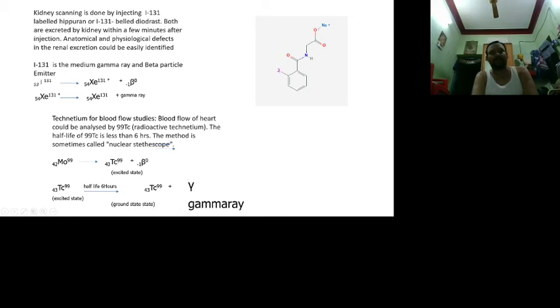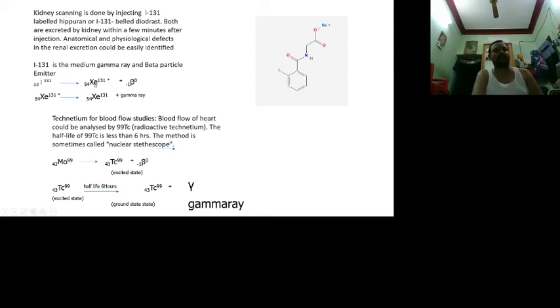Instead of normal iodine, we are using radioisotopic iodine, iodine 131. This compound is injected into the bloodstream. Anatomical and physiological defects in excretion can be easily identified because of its mechanism.